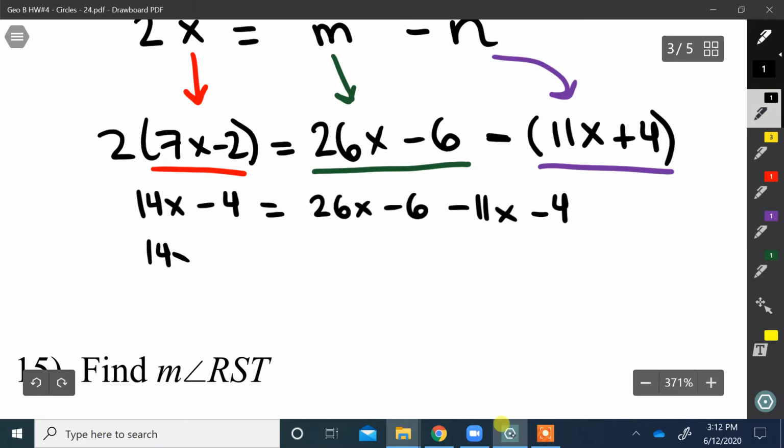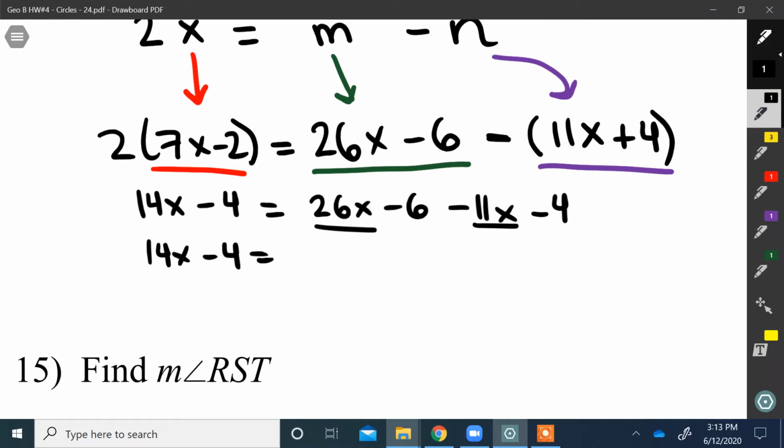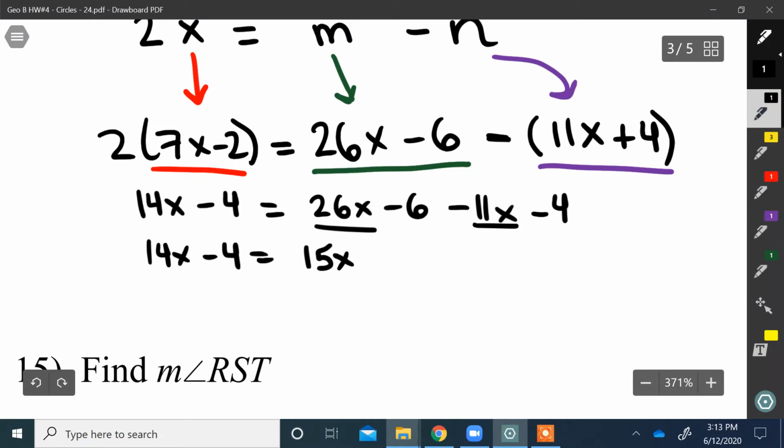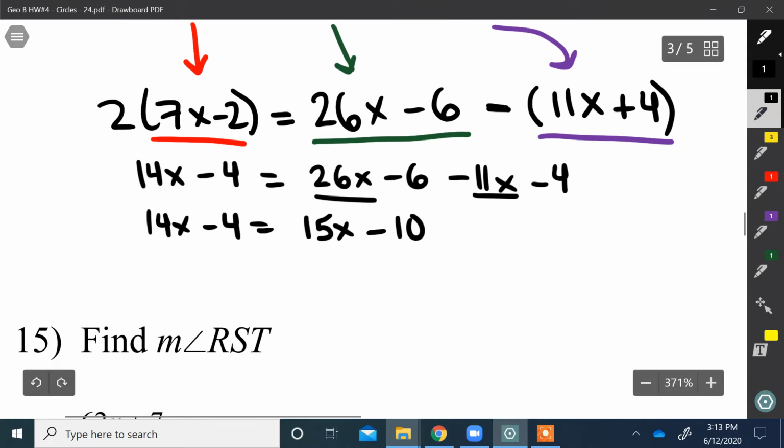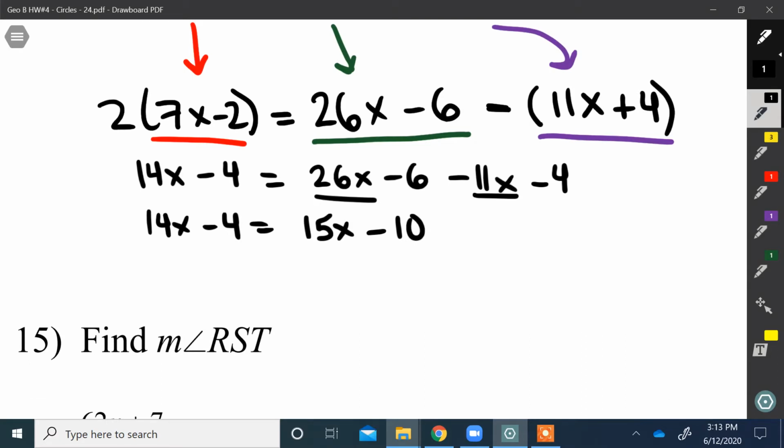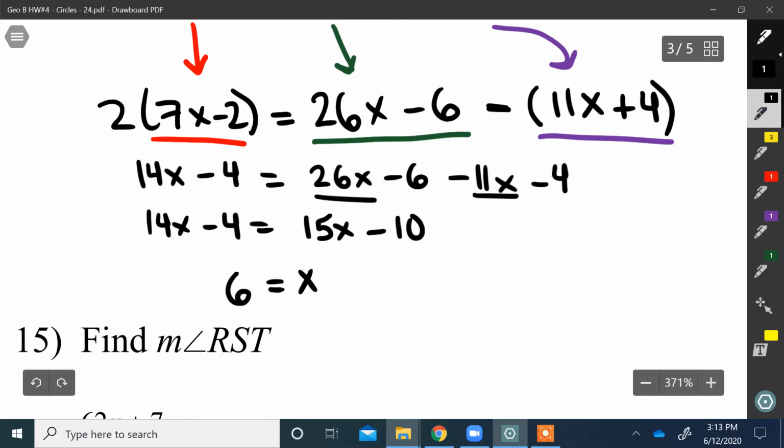Let's combine like terms, like this. 26 minus 11 is gonna be 15x. And then we're gonna get negative 10 right there. Now let's go ahead and solve it. If you subtract 14x on both sides, you just get x there, and then add 10 on both sides, you'll get 6.